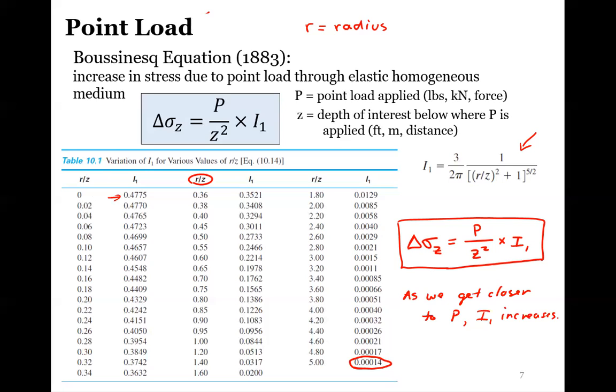Again, this is point loads. Who can think of an application, physically, when you might need a point load? Like what type of structure or object might apply a point load? A column?